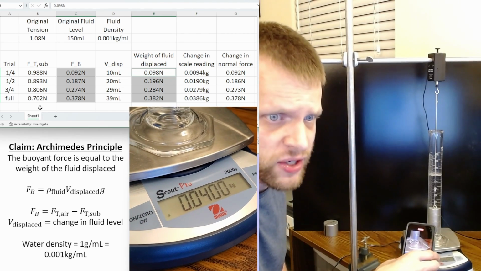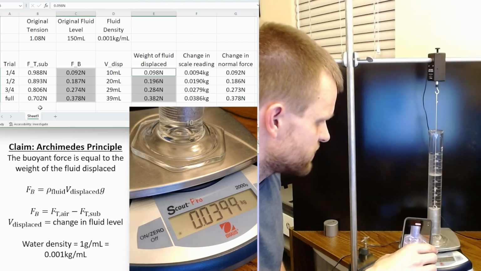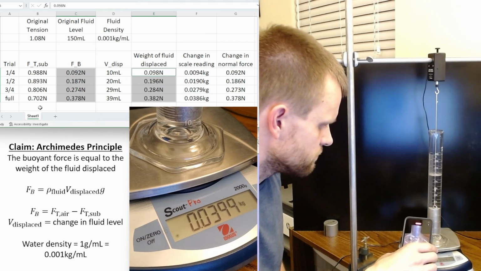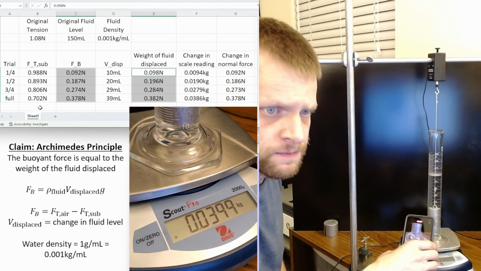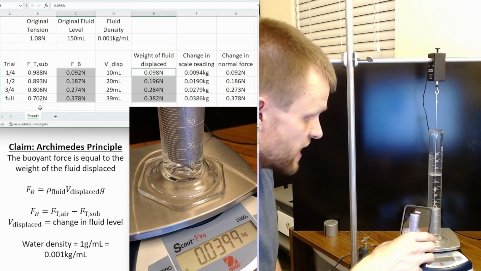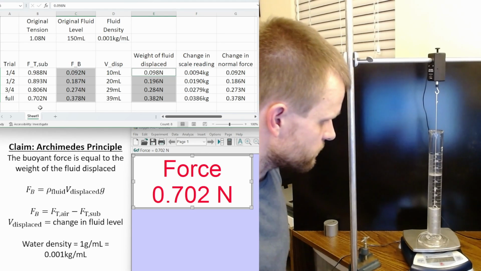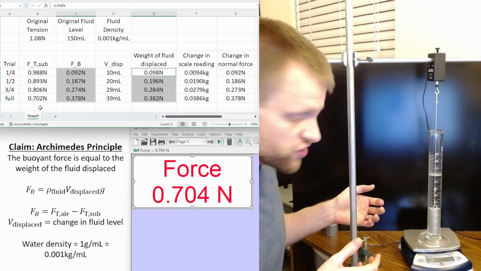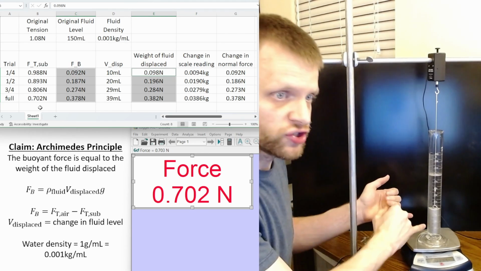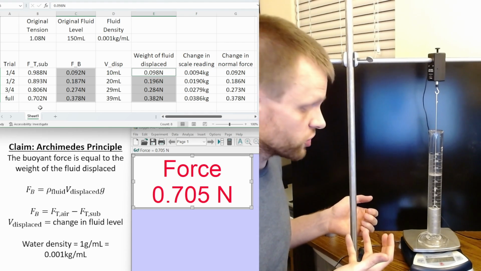And our scale reading has changed by maybe a tenth of a gram. Sorry, maybe around 1 gram. So again, not a very significant change in any of these circumstances. Based on that, we can accurately say that if we change the depth of this object, it still satisfies Archimedes' principle.